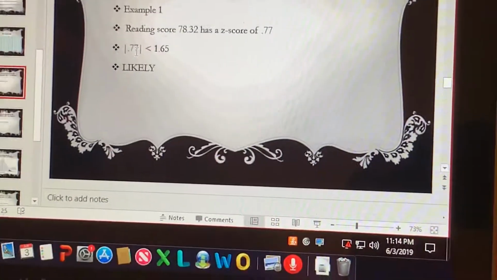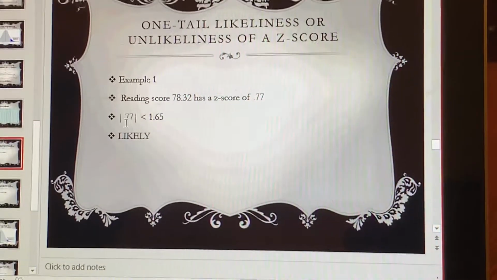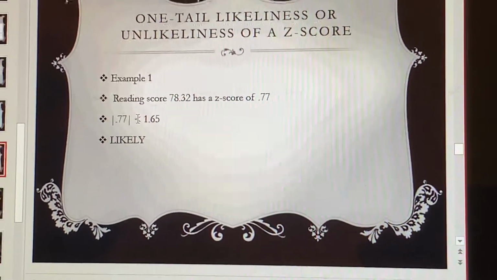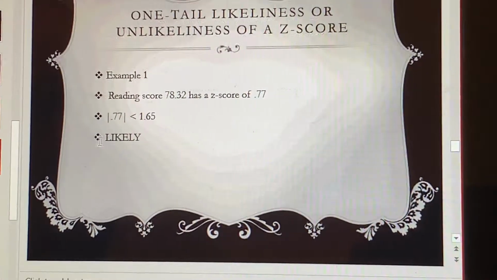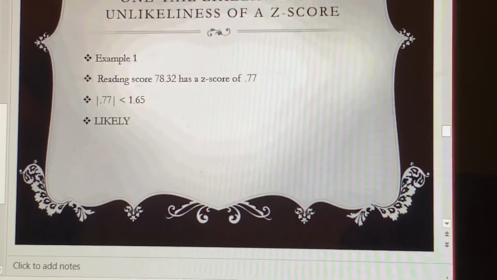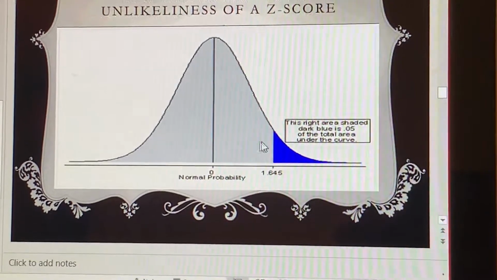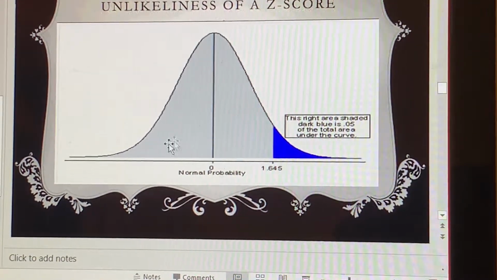So this would be this area right here. So with confidence, you put the absolute value brackets on it. 0.77 would be less than 1.65. So that will make it likely. So it would fall into this area of 95%.